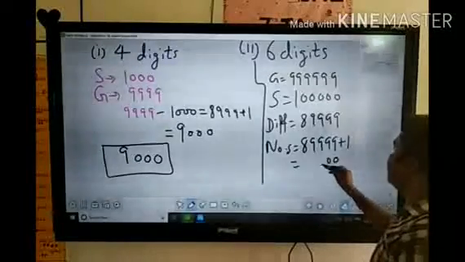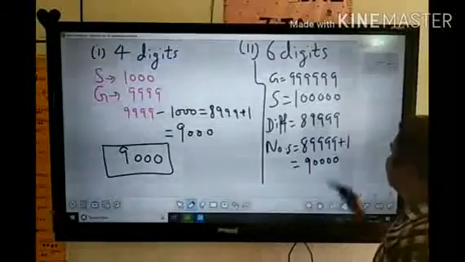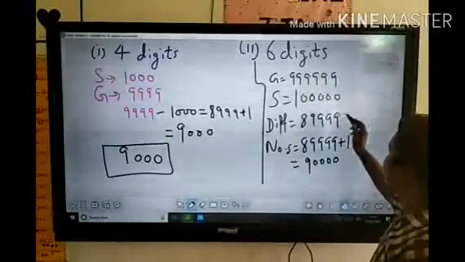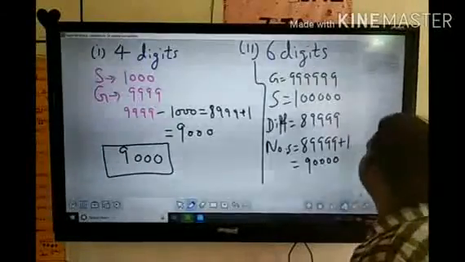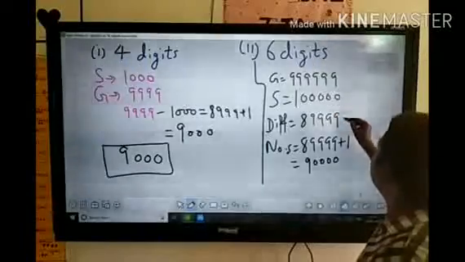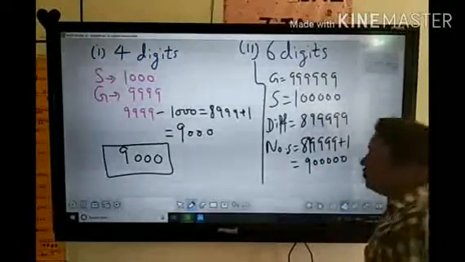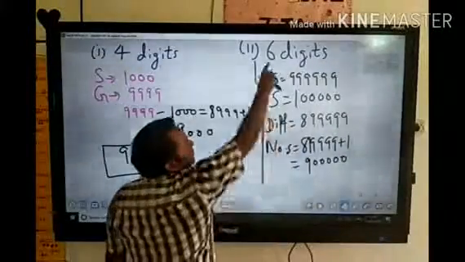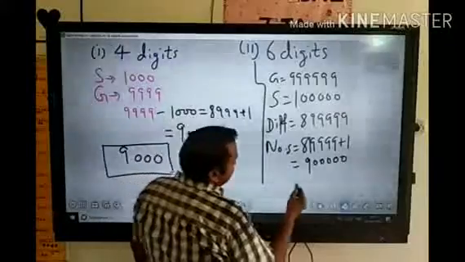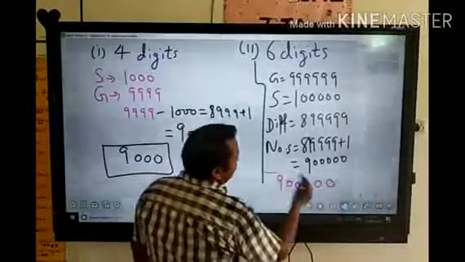So 900000. For the shortcut, how many digits is he asking? He is asking for 6 digits. So you will write 5 zeros and write 9. It will give you the direct answer.